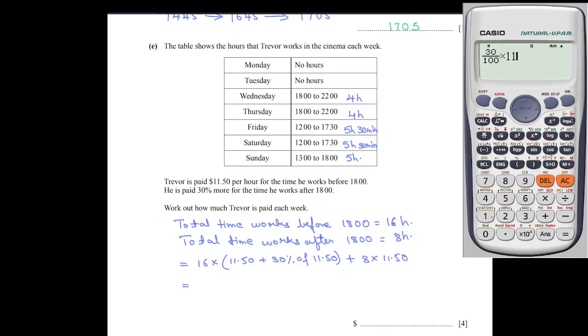That is 3.45, plus 11.50 is equal to 14.95.